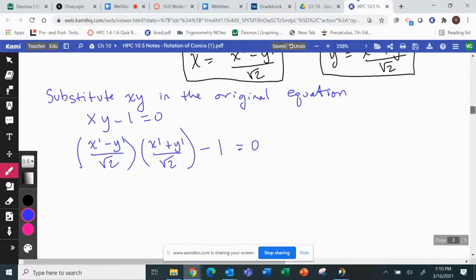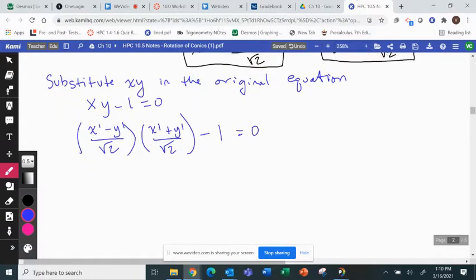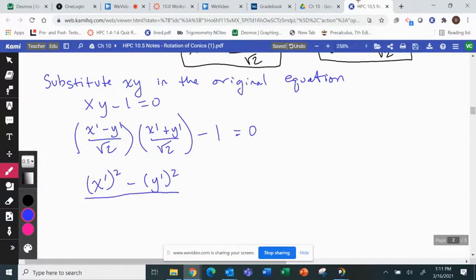I'm going to multiply that out. So on top, multiply binomial times binomial. On the bottom, square root of 2 times square root of 2. I'm going to get x prime squared minus y prime squared over the square root of 2 squared.